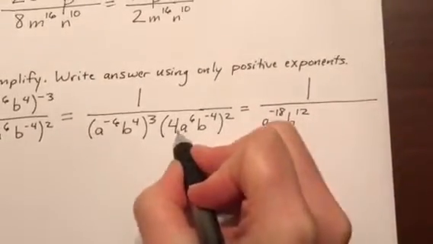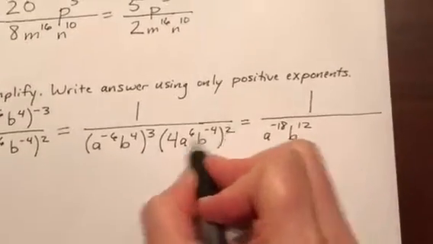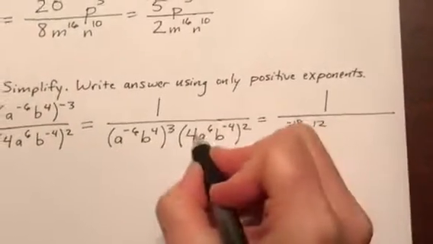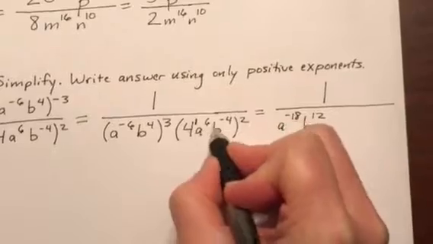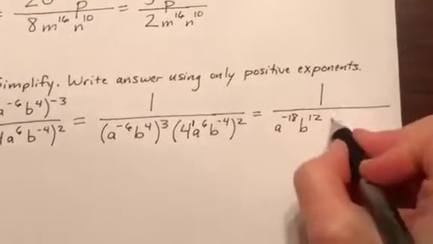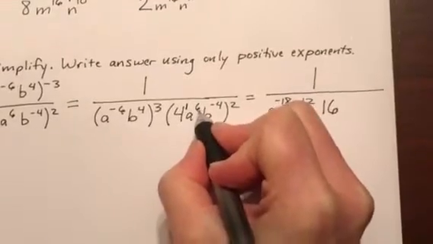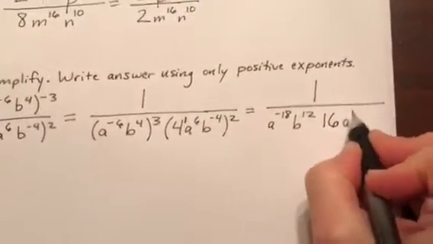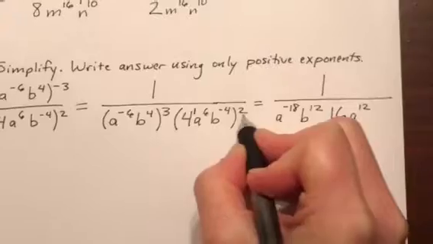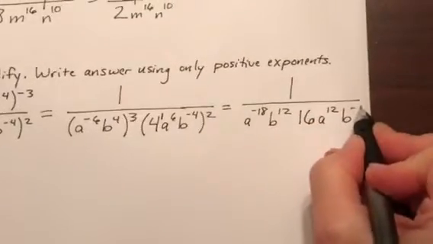And then here, I have to square the 4, and so that's really a 4 to the first, so 4 to the 1 times 2 is 4 squared, or 16. A to the 6 times 2 would be a to the 12, b to the negative 4 times 2, so b to the negative 8.